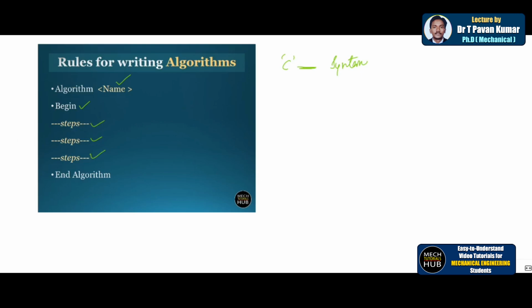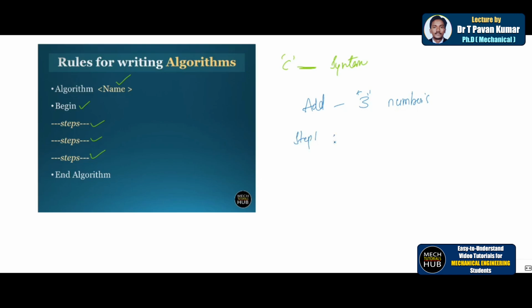For example, I would like to write a program to add 3 numbers. Now in the case of C, the syntax is different, whereas in the case of an algorithm, it should be like simple English language.